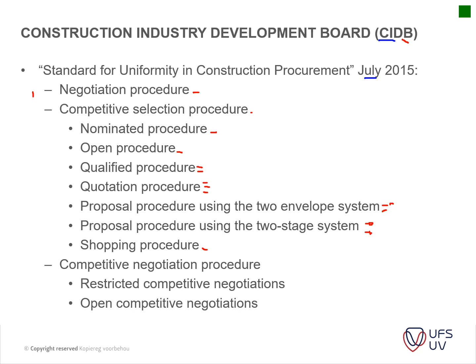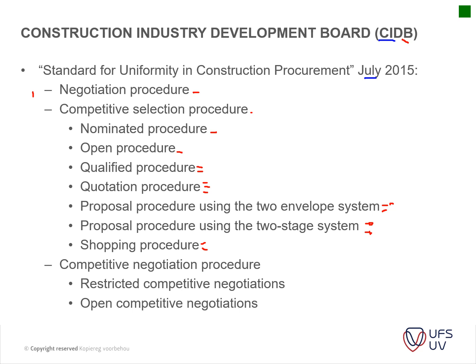I've worked on a project like that before, where you sit the contractors around a table. These are the best contractors that you want to work with, and then you give them the documentation to price, and they can tender on that project.